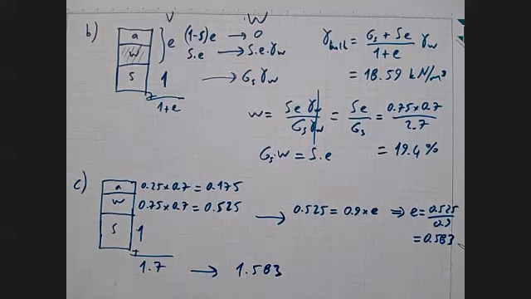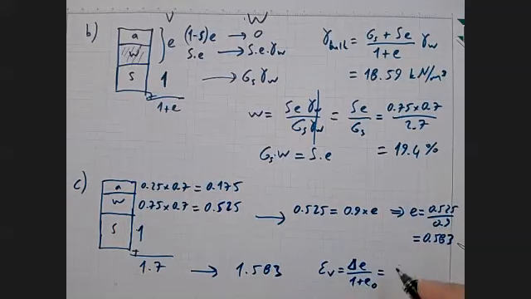How much did it change? Well, you can either make a percentage of this, or I could just do it properly: delta E over 1 plus E0, the difference between these two. 1.7 minus 1.583 over 1.7, which was the original.